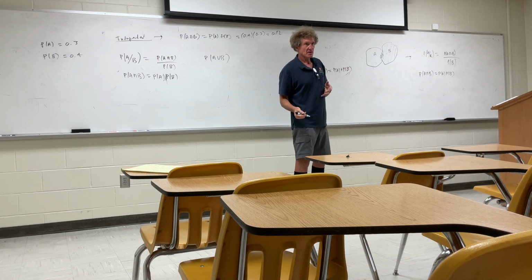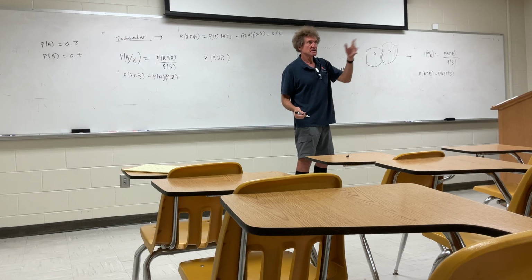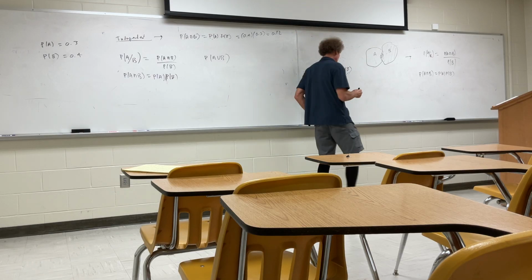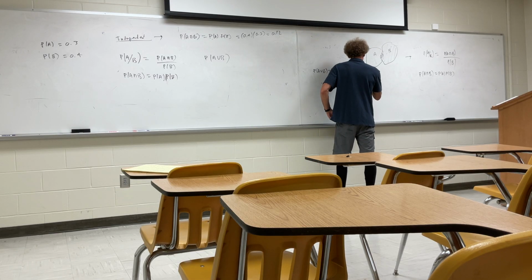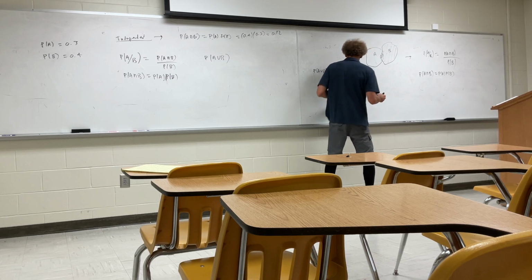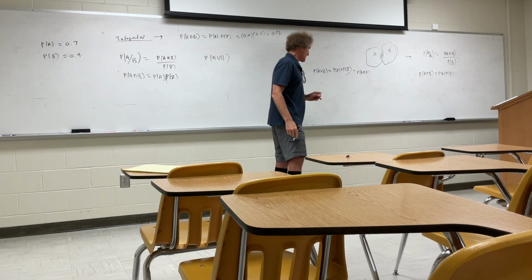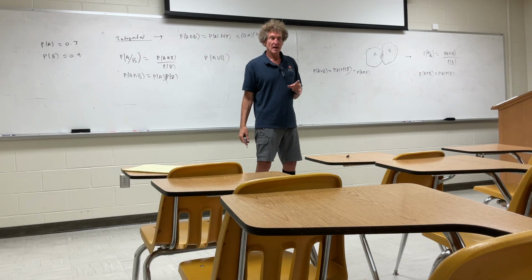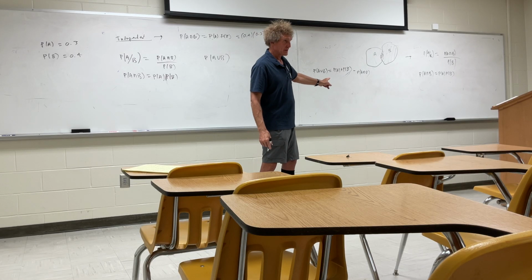But what do we have to do? Subtract the intersect, A intersect B. Okay, that's the first part that I wanted to get down. Does everybody follow me on this? Remember, they're independent. So what do I change on that?